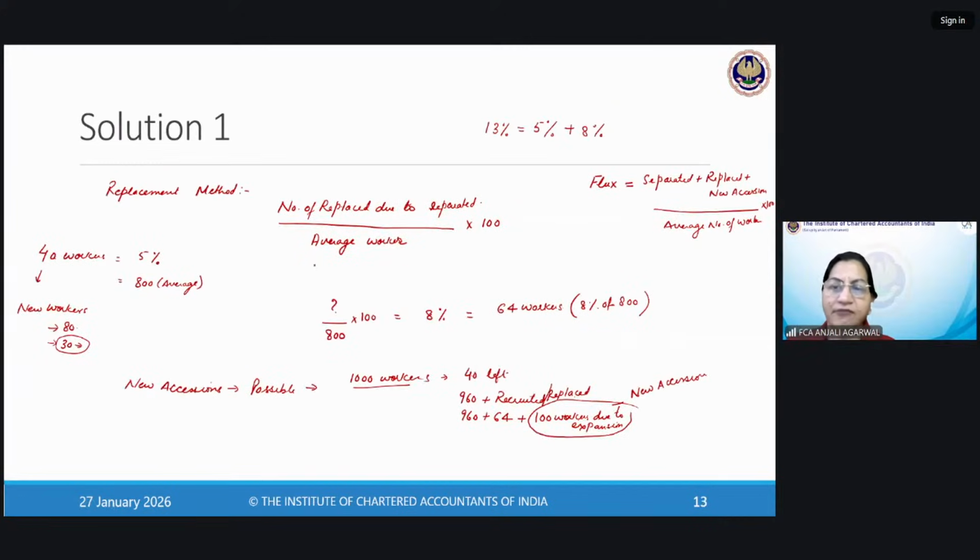The final answer will come as a percentage, so when I multiply by 100, you can write straight away 8. Don't write 8%, you can write 8.